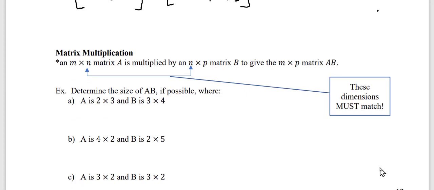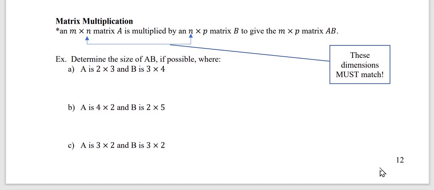Okay, matrix multiplication. We'll probably just introduce this a little bit. We'll see what we have time for here. An m by n matrix A is multiplied by an n by p matrix B to give an m by p matrix AB. So first, what we're talking about here is not how we multiply them, but if we can multiply them.